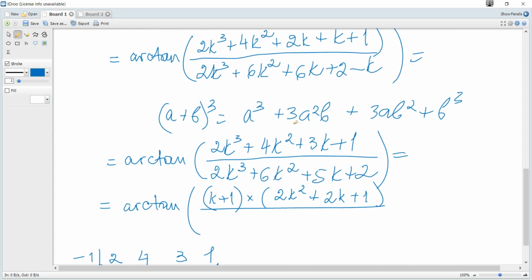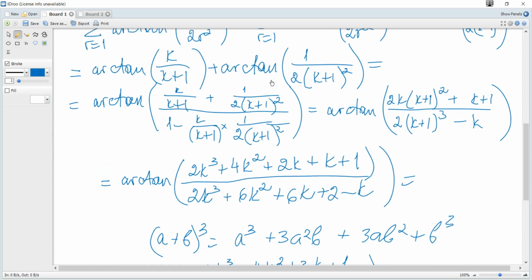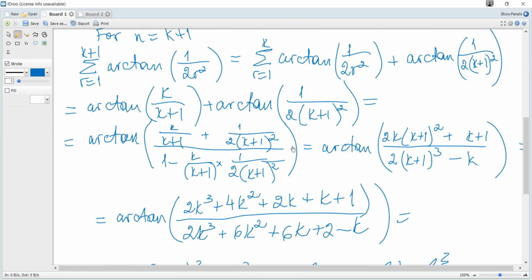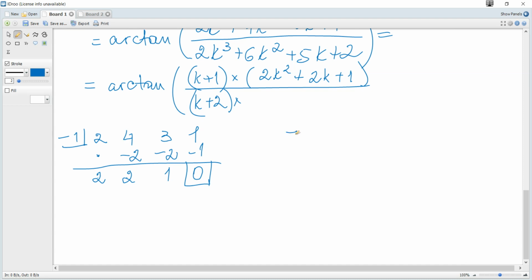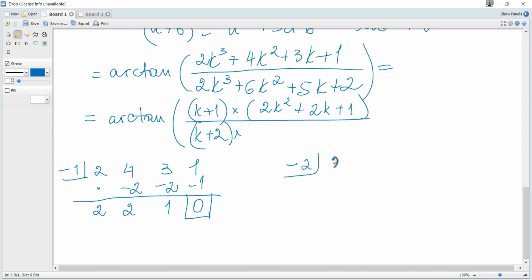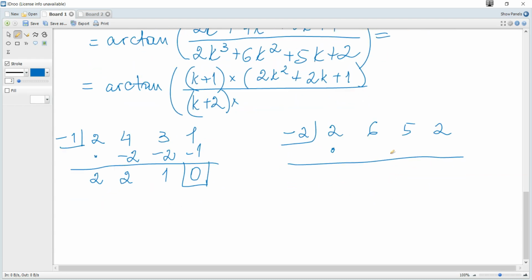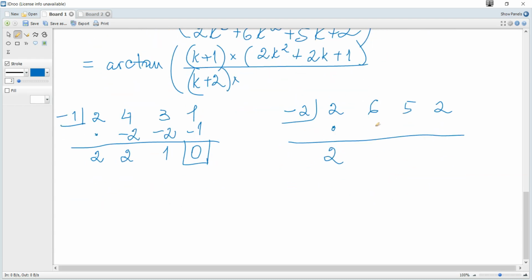And do the same with the denominator, since we need k plus 2. So let's try to rewrite it as k plus 2 multiplied by something. Again divide by k plus 2, so we write -2, coefficients 2, 6, 5, 2. 2 multiplied by -2 is -4, 2 multiplied by -2 is -4, sum is 1, -2, 0, remainder is 0.